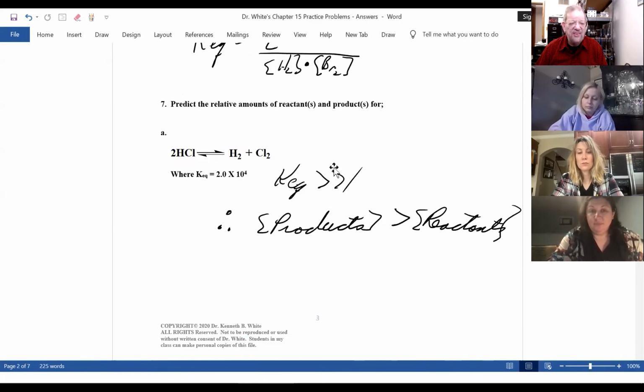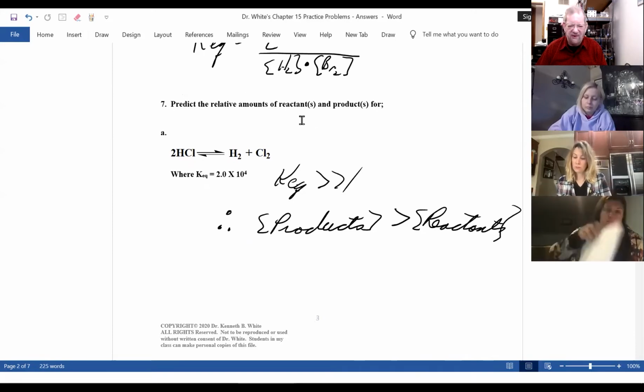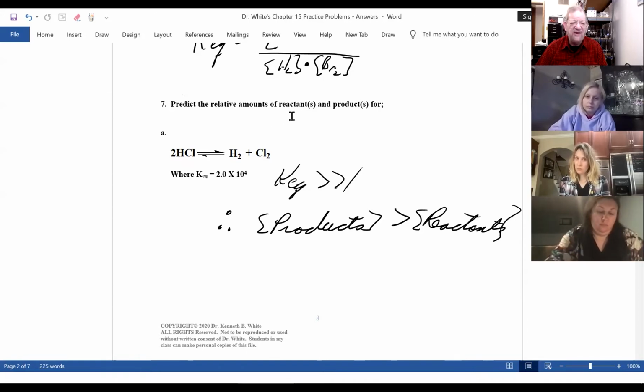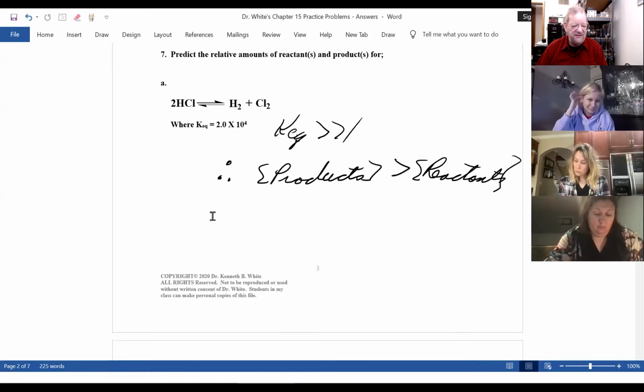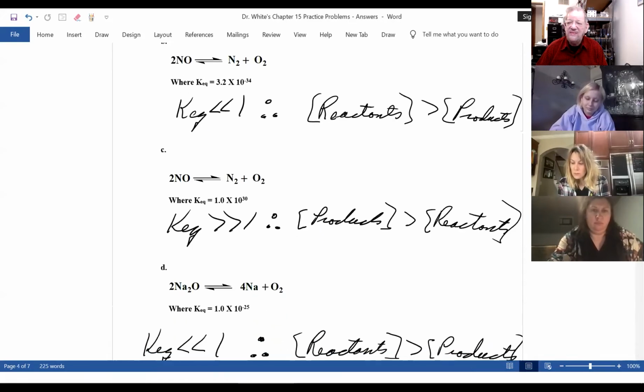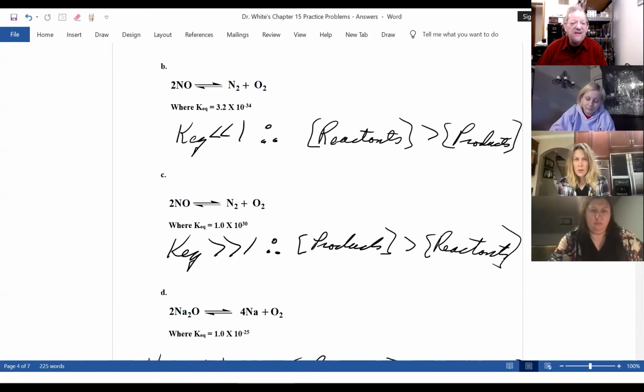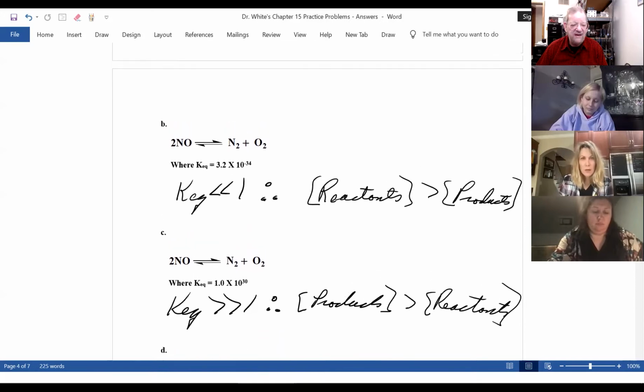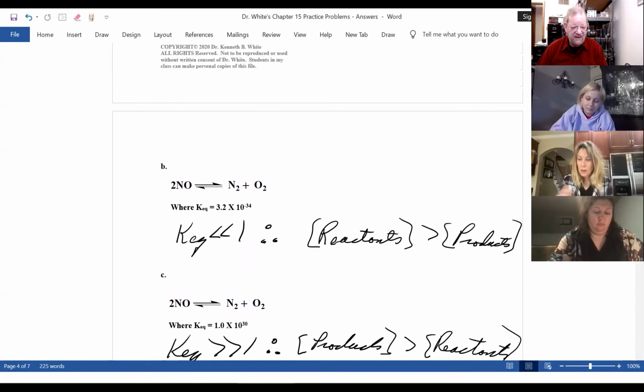All right, next, let's talk about the relative amounts of reactants and products. For this one, predict the relative amount of reactants and products for the following. And let's do B. Let's see if I can just sneak it in so you can't see the answer yet. Let's do, can you see C at the bottom?